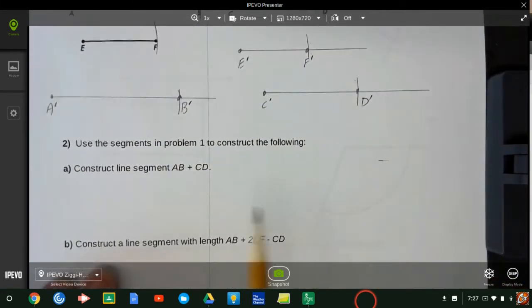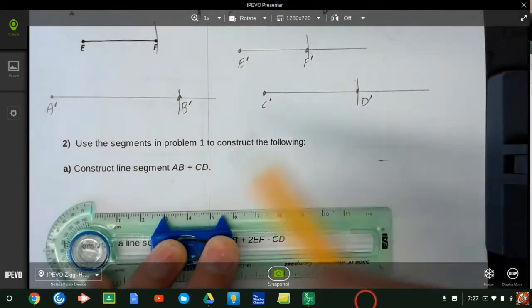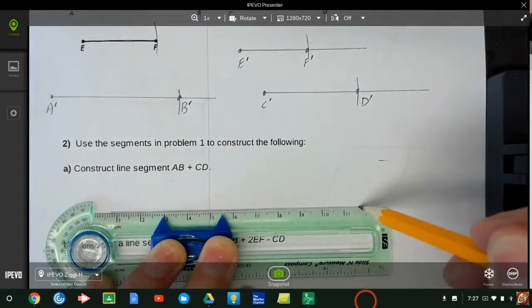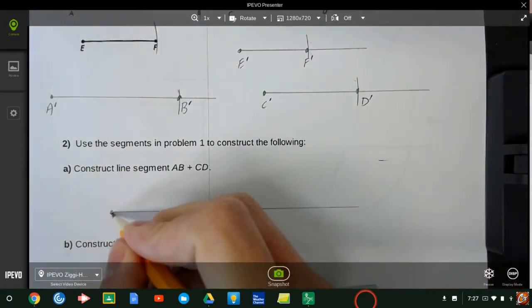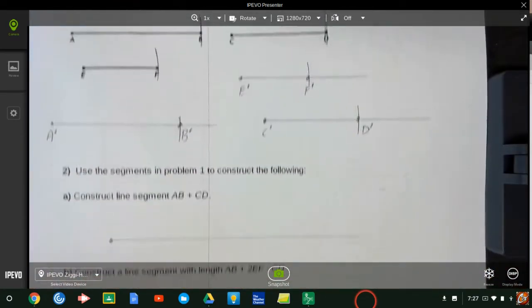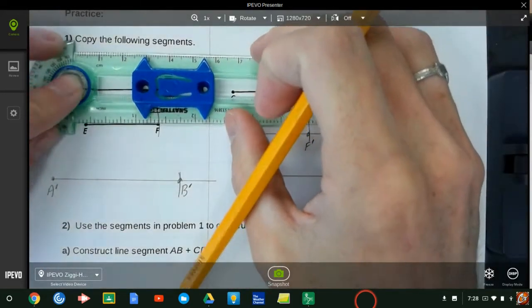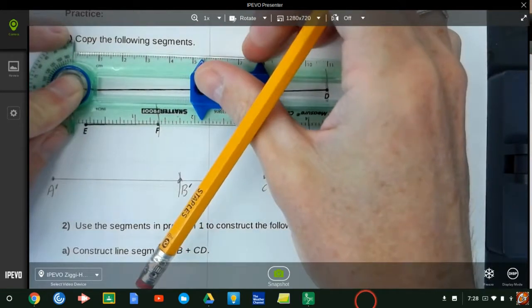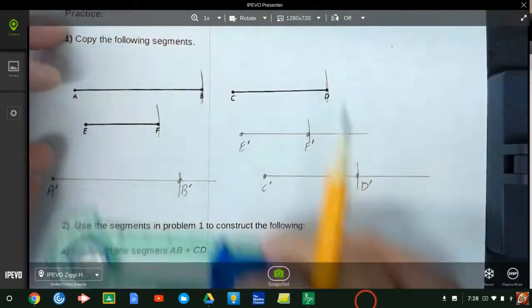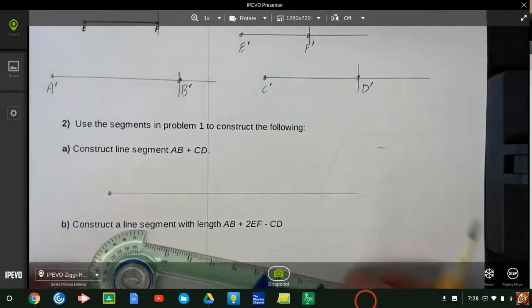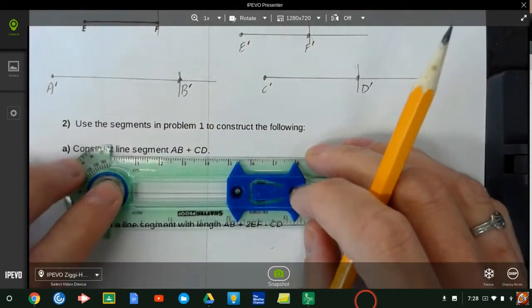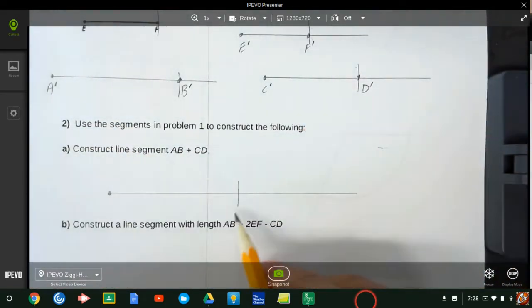Now I want to use those segments to construct line AB plus CD. So I'm just going to start with a long baseline with a point here. So AB, I'm going to go back up here and get the length of AB. There's AB. I'm going to copy that down to my baseline that I drew. So there's AB.